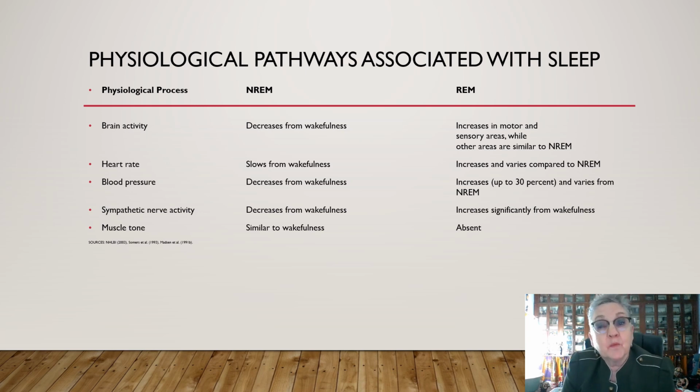Blood pressure: in non-REM it decreases from wakefulness, but in REM it increases up to 30% higher and varies. Sympathetic nerve activity decreases from wakefulness in non-REM, but in REM it increases significantly from wakefulness. And muscle tone in non-REM is similar to wakefulness, but in REM it's absent.